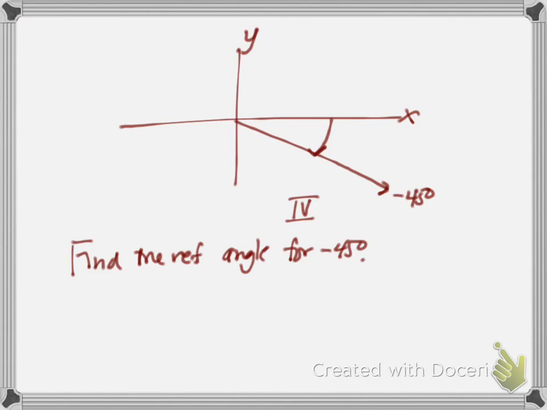So again, the reference angle is the angle that lies between the terminal side and this x-axis. And that's going to be the same angle as the negative 45 degrees, but our reference angle is going to be positive. So our reference angle is going to be 45 degrees, and it's positive. Remember, all reference angles are positive, and they're less than 90 degrees. Okay?